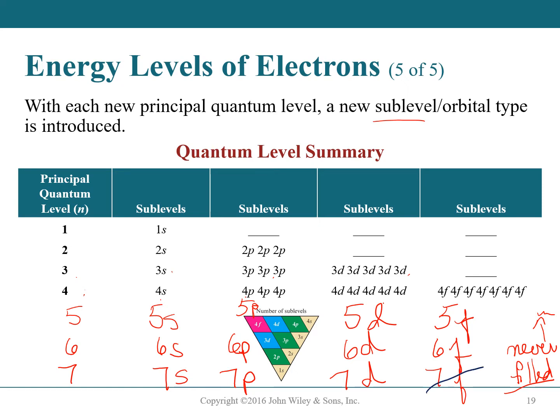We never get to enough elements to see 7F, 6F, or 7D. So basically this follows a pattern, and the only reason that it looks like it's not following that pattern anymore isn't because it doesn't exist. It's just that we don't have those elements in hand.